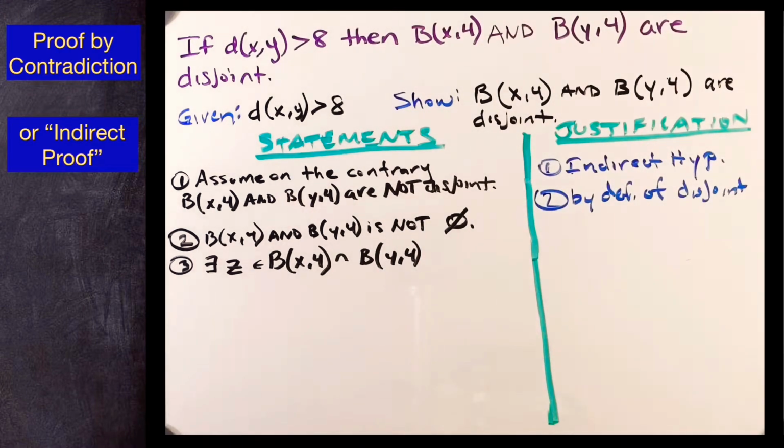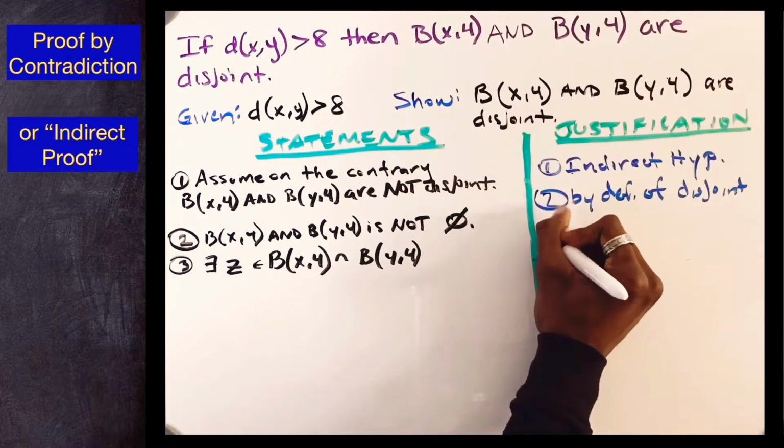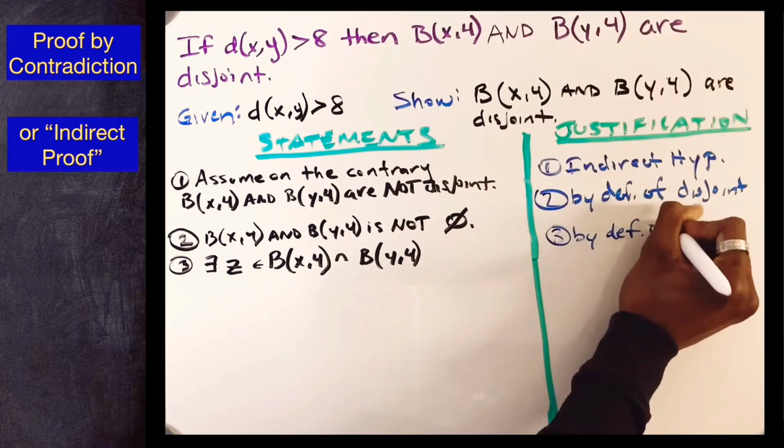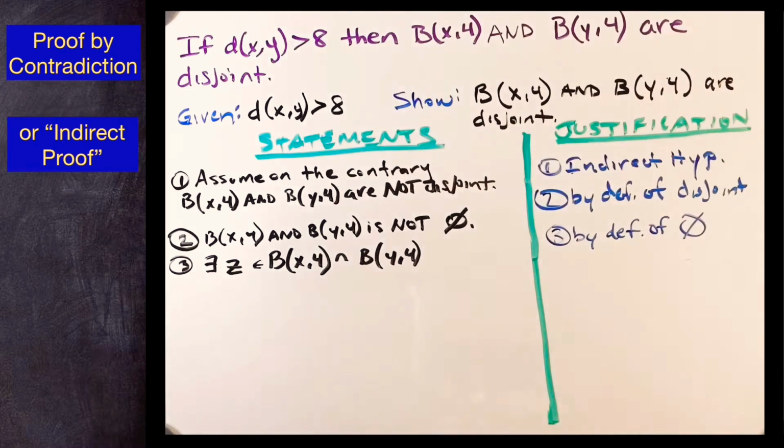And this is going to be by the definition of an empty set. So by def of, and I'll just use the symbol, empty set. You should now begin to notice the pattern that in line 1, we said that the balls are not disjoint. And then in line 2, because they're not disjoint, there's no empty set.